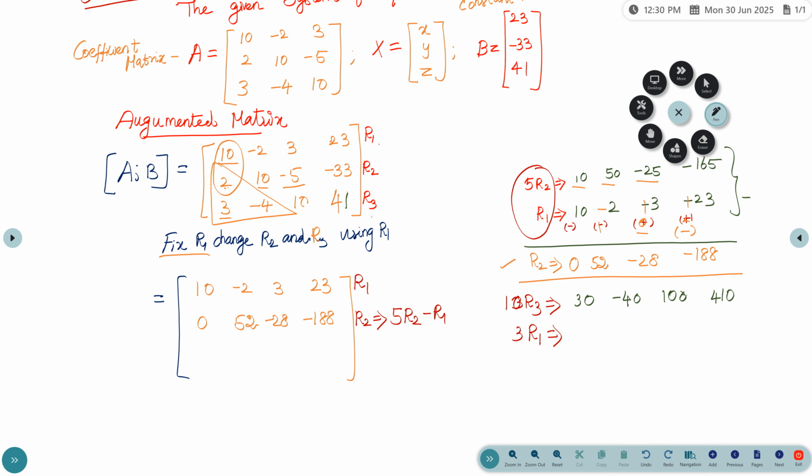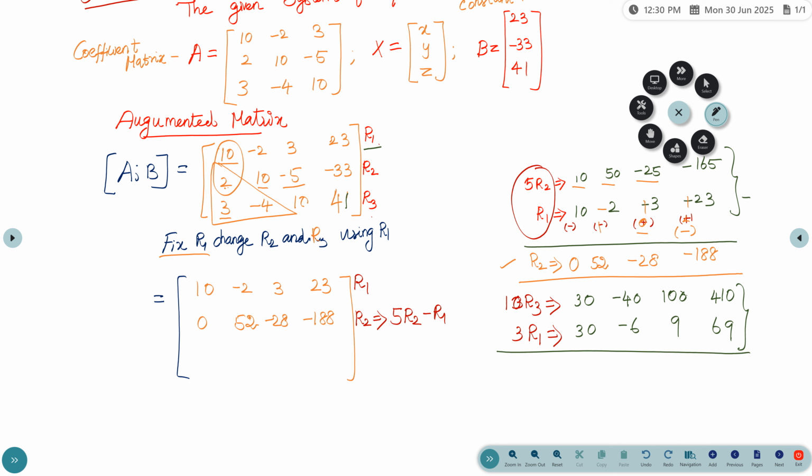Similarly, we have multiplied R1 by 3. Then 3 into 10 is 30, 3 into minus 2 is minus 6, 3 into 3 is 9, and 3 into 23 is 69.